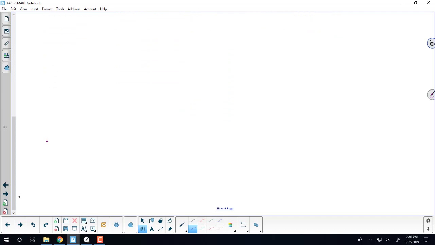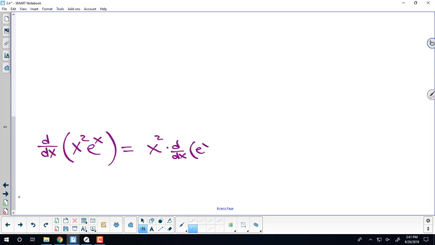We're going to find the derivative of x squared e to the x, and then that's when we can focus on the individual components of the function. That is now a product rule. So we have the first times the derivative of the second plus the second times the derivative of the first.